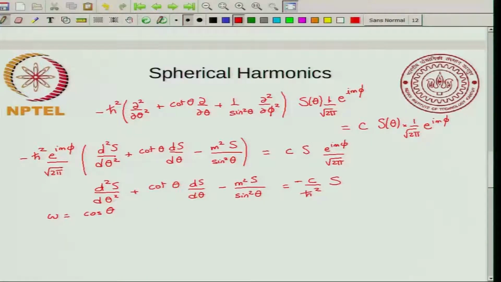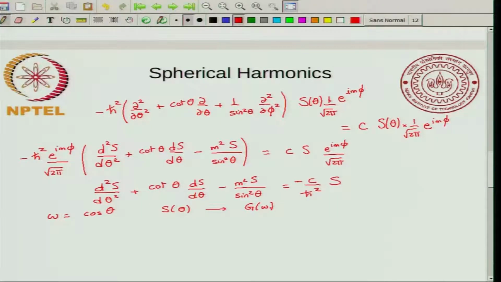So when you put w equal to cosine theta, then instead of your function s of theta, you have a function g of w. I am just using a different symbol g. You can also write it as s of w, but I will use g of w, because s of theta is basically equal to g of w.